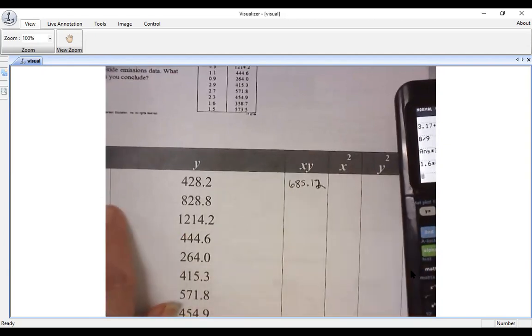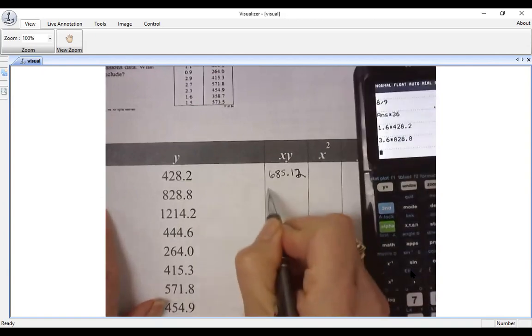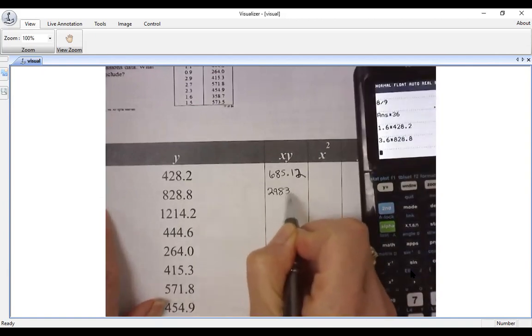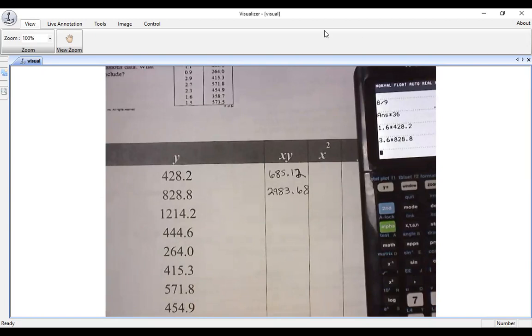And then you do the same thing here: 3.6 times 828.8, and we write this here. You've got to do that for every one of these. So even if you don't have a graphing calculator, you can do this. And you need to know how to do this by hand when you take the test.